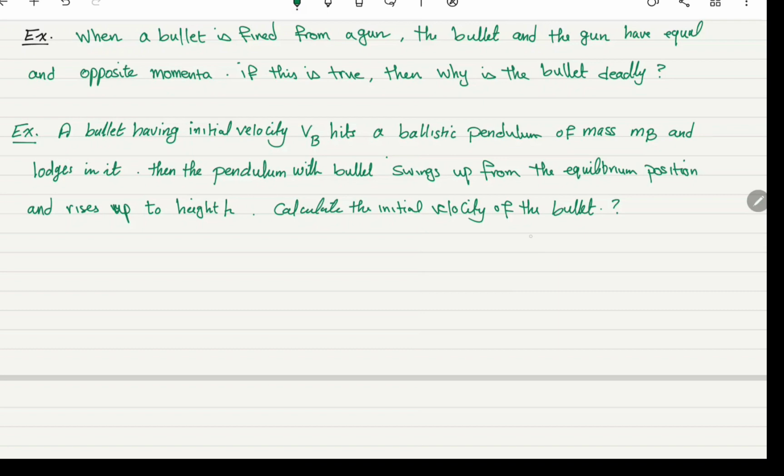So we have here a pendulum, and here's the bullet, this one here.